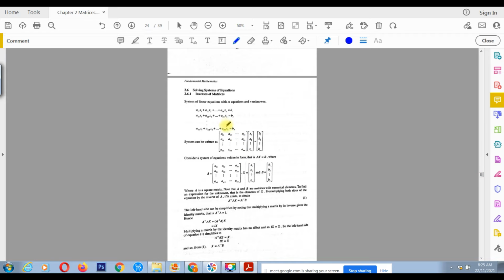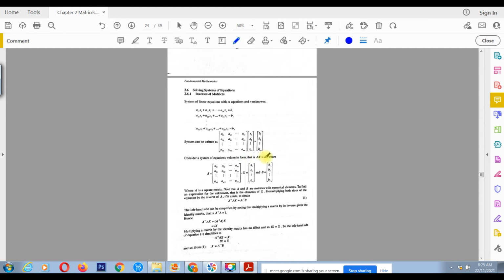So this is the inverse of matrices. We have this system of equations, and then we put it into matrix form. We can put A here, and then X here, and the solution will be at the right hand side after the equal sign.